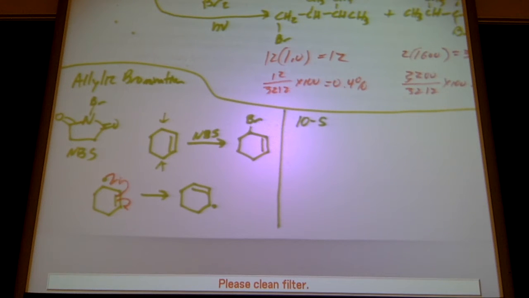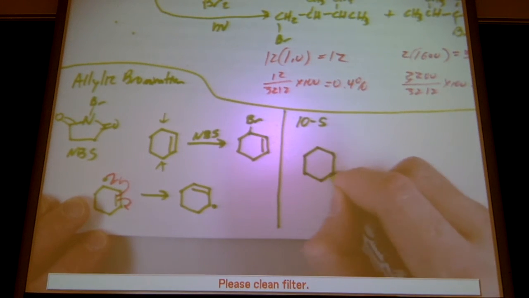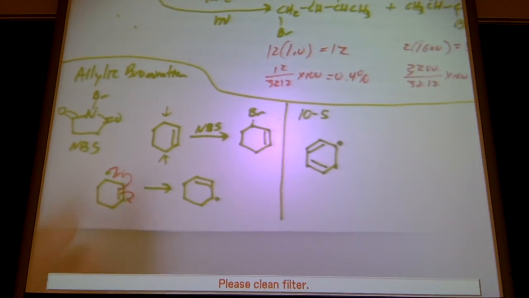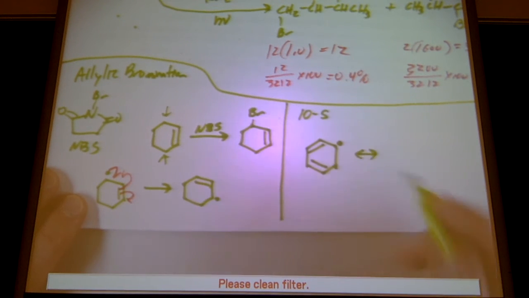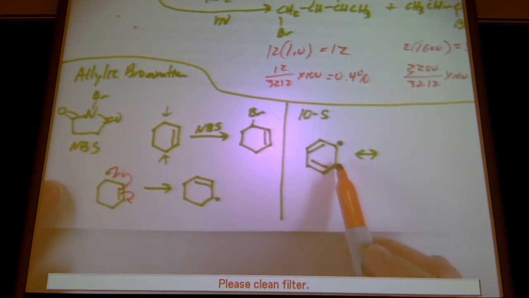It says draw the resonance forms for the cyclohexadienyl radical. So there's my cyclohexadienyl radical. I've got a double bond adjacent right here, no double bond here, so I can't move anything in that direction.